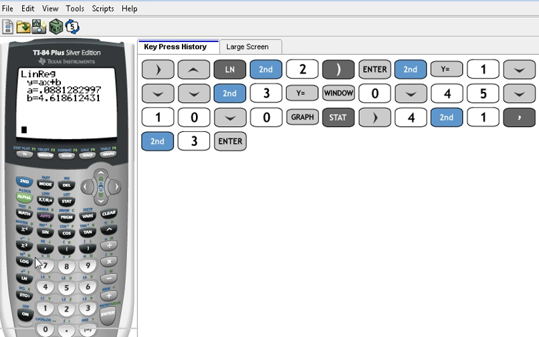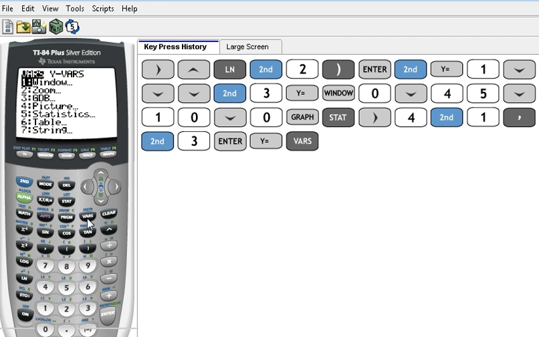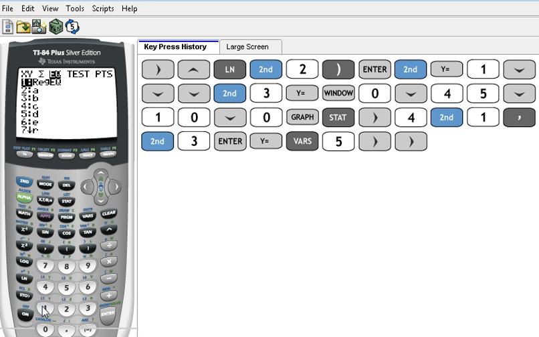To graph that, I go back to the y equal screen and paste the regression equation from the variables. And so I find the var key, go down to 5 for statistics, over to the EQ menu, and press 1 for the regression equation.